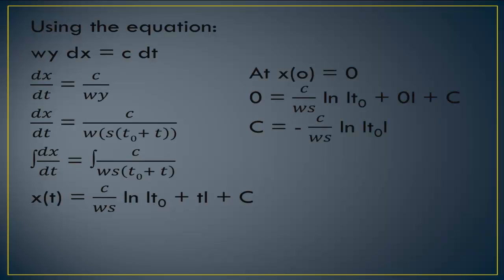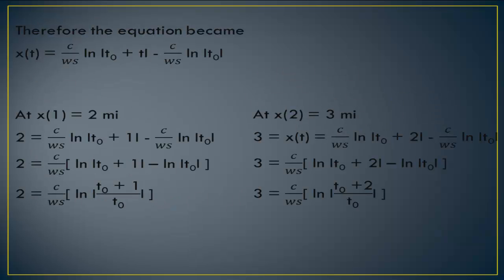Therefore, we get C equals negative c over ws ln t sub 0. So the equation becomes x(t) equals c over ws ln(t sub 0 plus t) minus c over ws ln t sub 0.